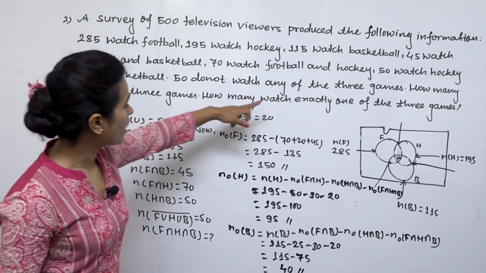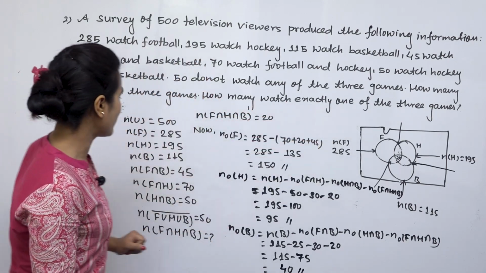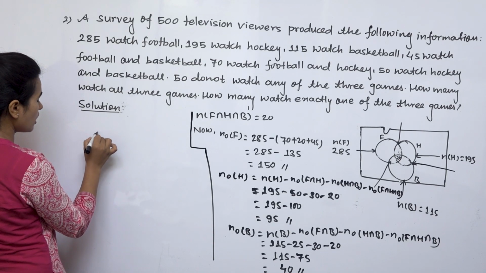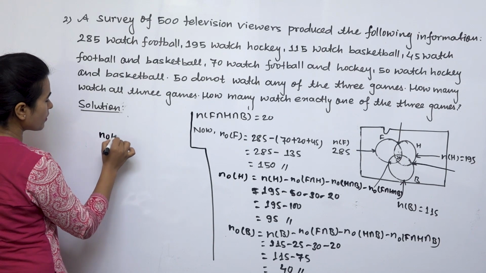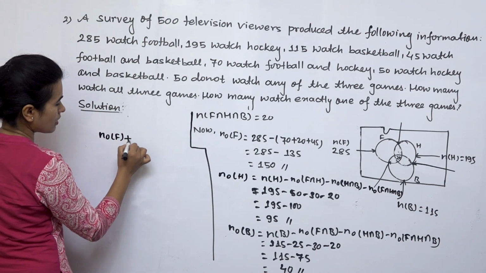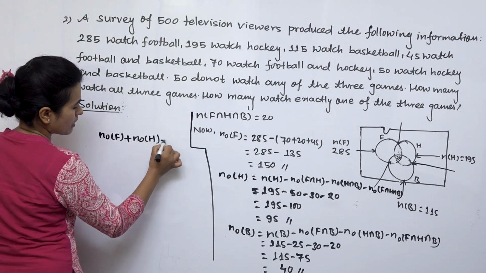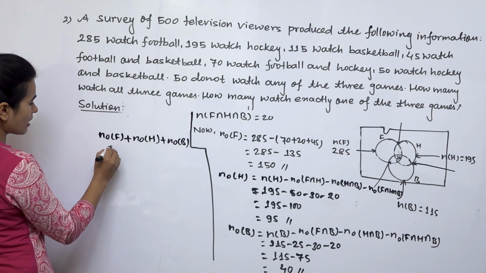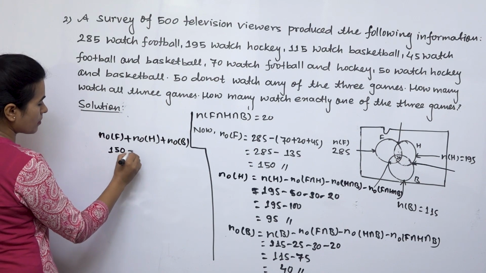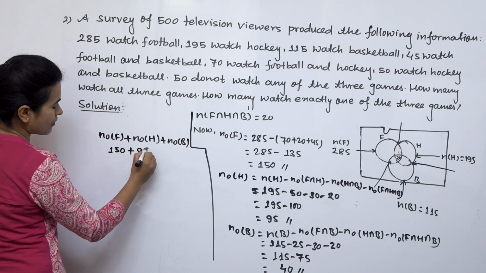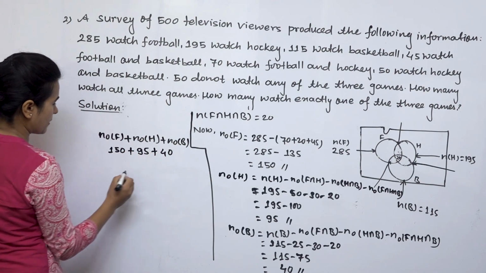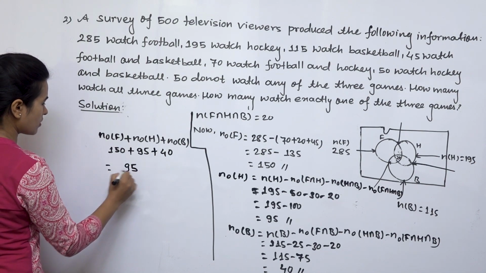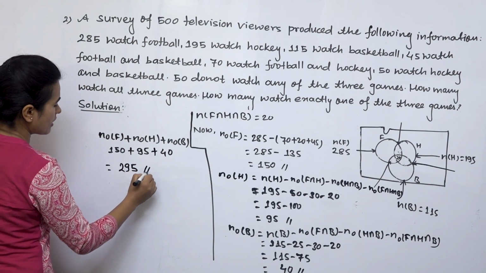What we need to find out is how many watch exactly one of the three games. To find that, we need the sum of n(only F) plus n(only H) plus n(only B), which is 150 plus 95 plus 40, equals 295.